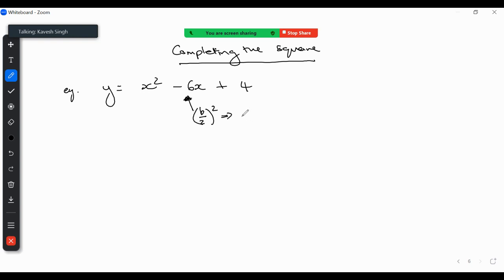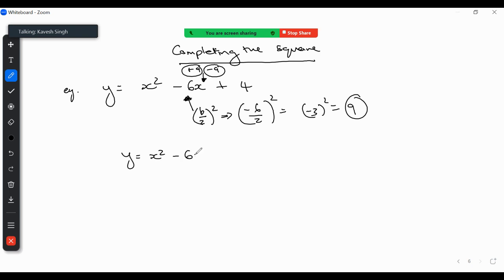That's my first step. So negative 6 divided by 2 and then I square it. That becomes negative 3 squared, and that becomes 9. And that 9 is a very special number because that number will go between negative 6x and 4. I would add it first, and I would then subtract it afterwards. And so y will become x squared minus 6x plus 9 minus 9 plus 4.